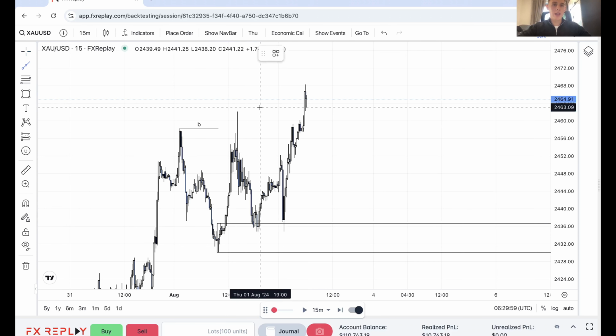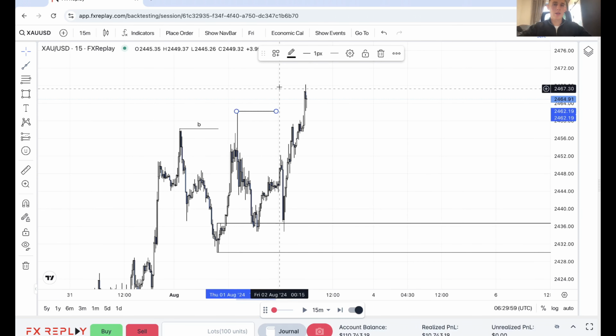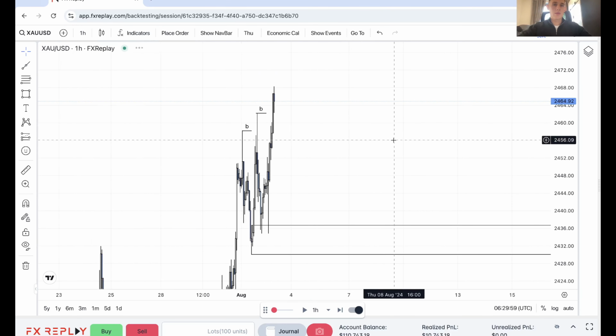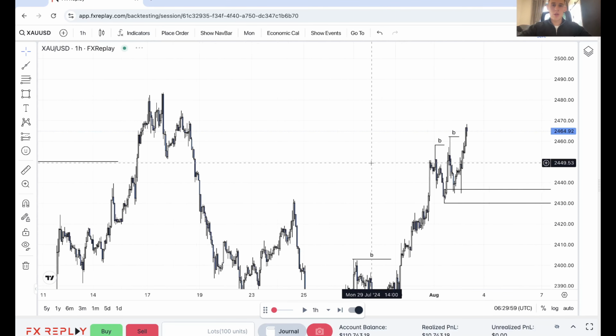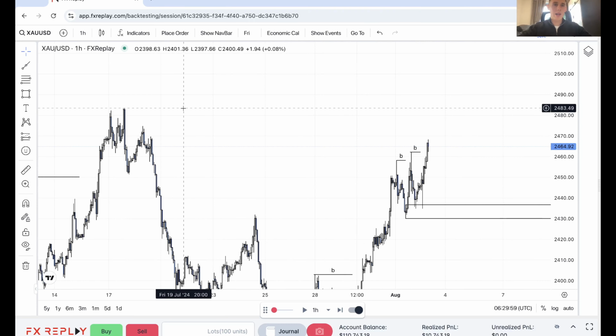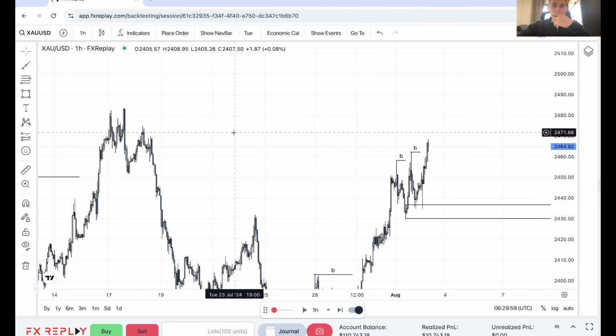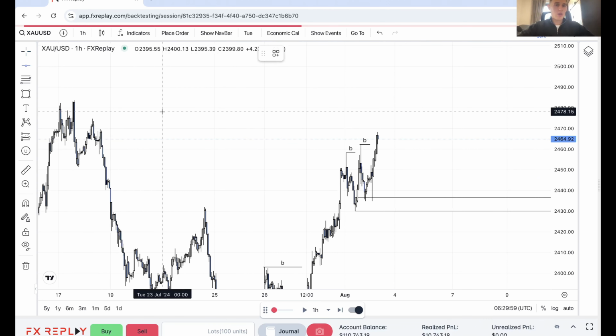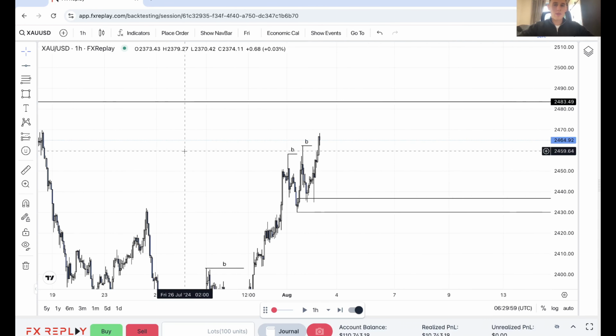But yeah, now once again, price has broken this high. So we're still looking to continue buying up towards this high. So I'm just going to draw a line there just to mark it on. There we go.